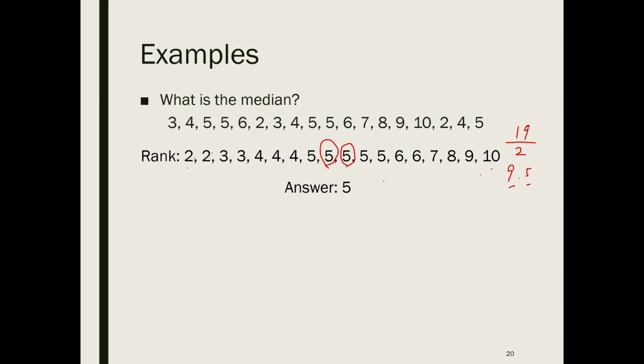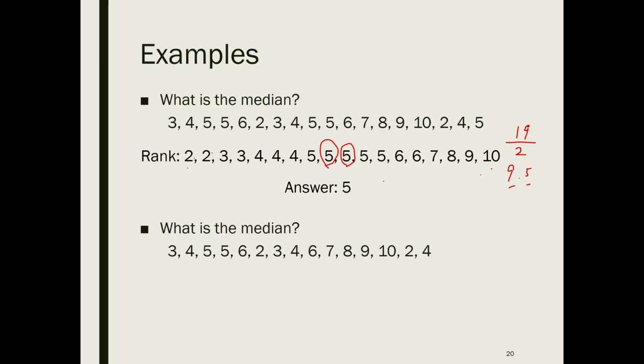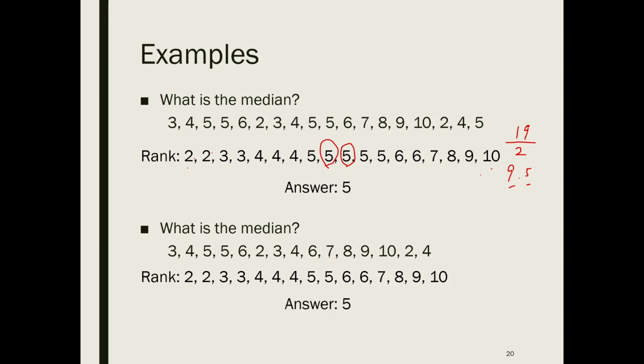So the average of 2 and 5 is 5. So what is the median of the following numbers? Okay, again, you have to rank them from the low to the high or from the high to the low. It depends on your discretion. It doesn't really matter. So you will look at this one: 1, 2, 3, 4, 5, 6, 7, 8, 9, 10, 11, 12, 13, 14, 15.